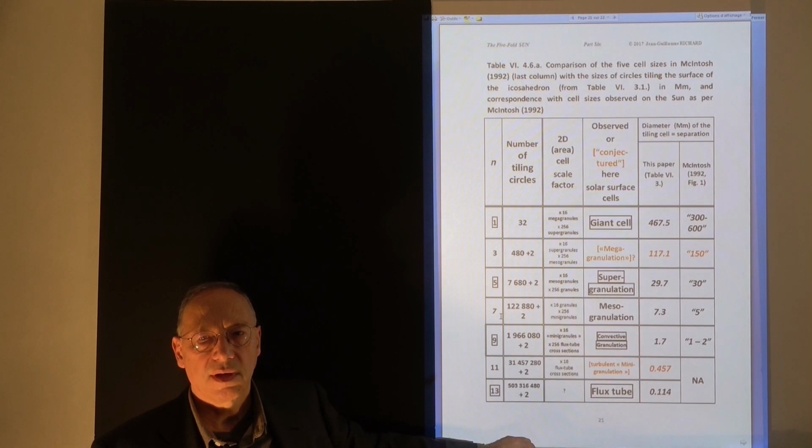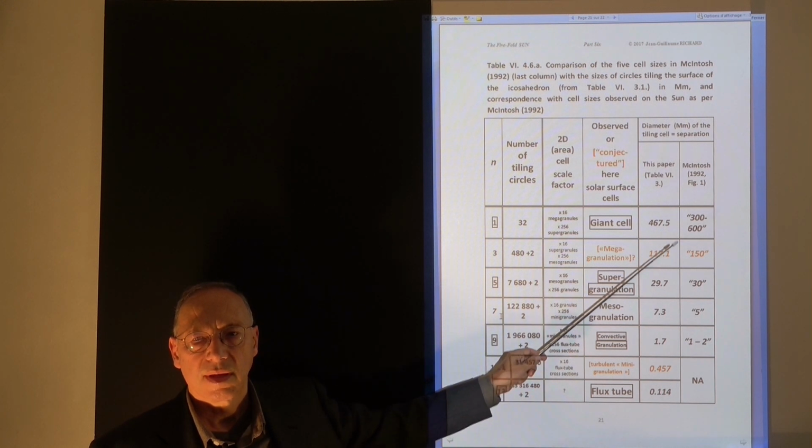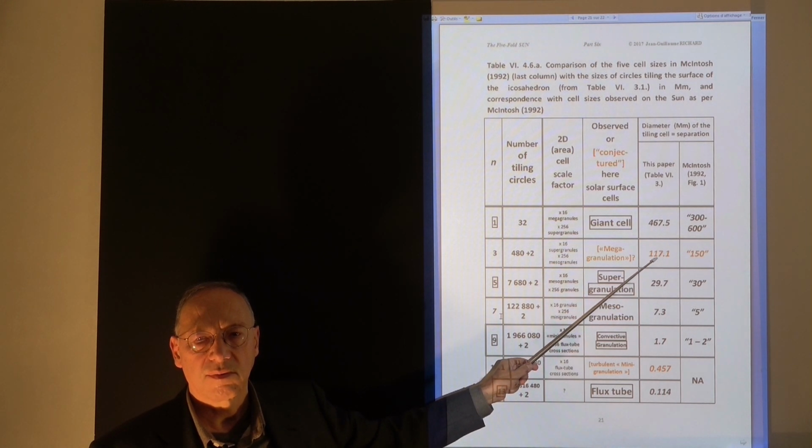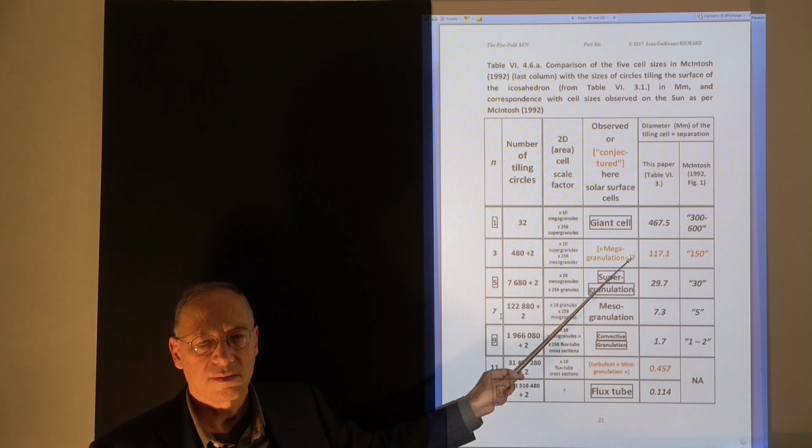If we compare now the dimensions of these cells as estimated here to what McIntosh in 1992 proposed, you see there is some discrepancy here for mega granulation in our jargon.